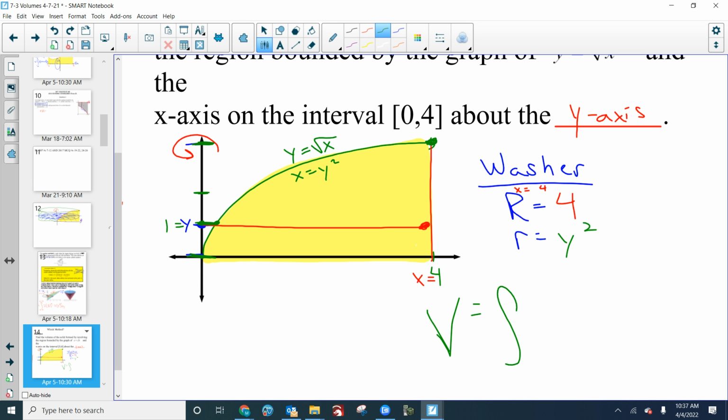Y equals 2? So y equals 0 up to y equals 2. Pi times 4 squared minus pi times y squared dy. Does that make sense? Everybody type that in.